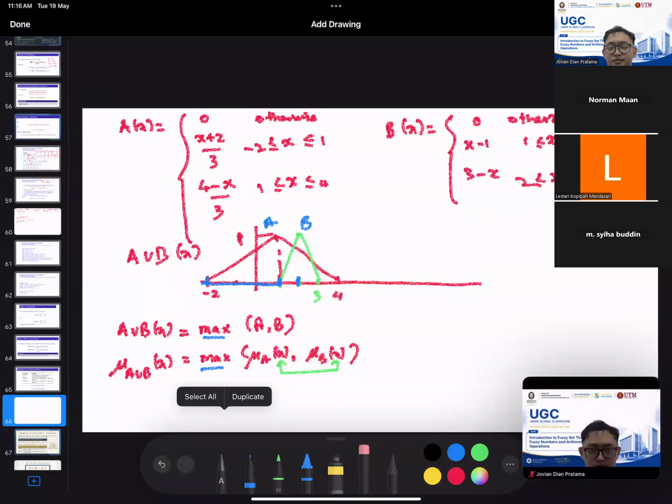So this time, I would like to distinguish between the union operation and the Maximum with the capital letter in a fuzzy number, when we talked about it just now.